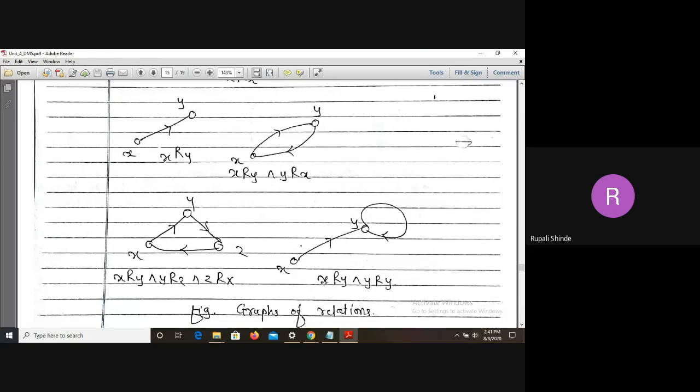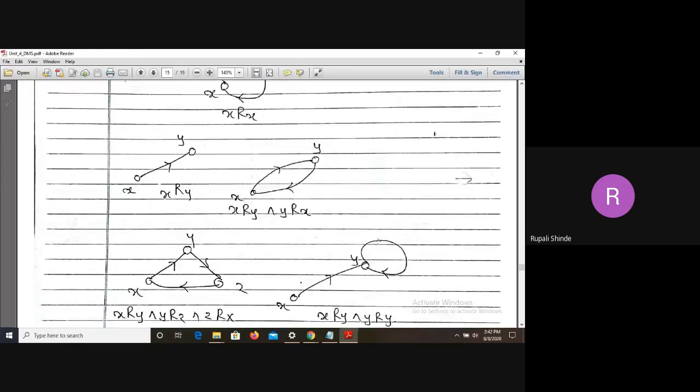The first condition is x is in relation R with y. Therefore, there should be an arrow from x to y. And the second is y is in relation R with y. Here there must be a self loop, because that arc starts from y and ends at y only. That's why it is a self loop. So in this way, we can draw the graph for any relation.